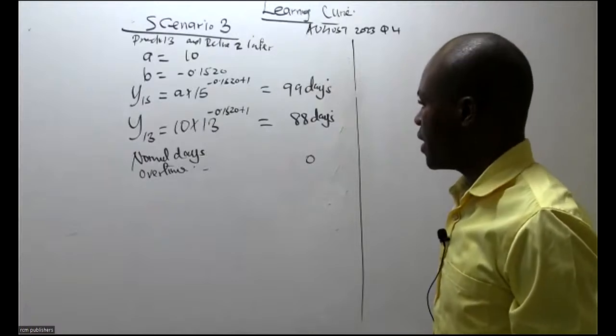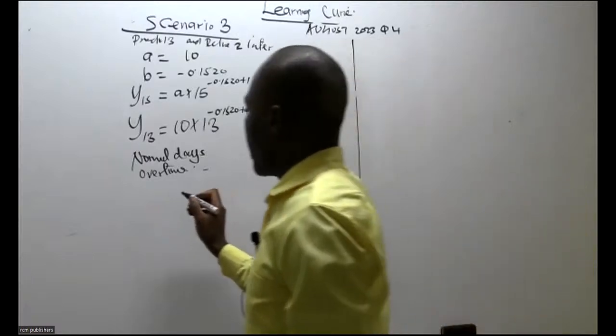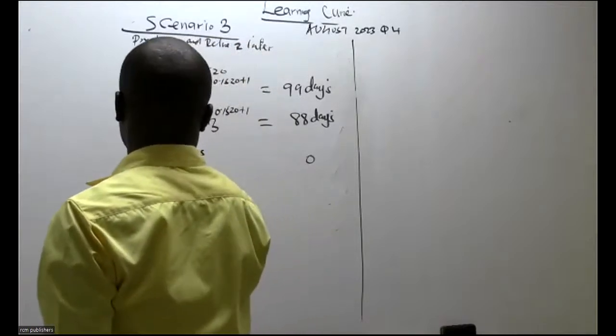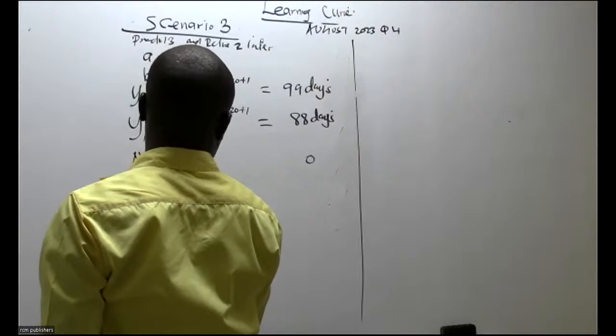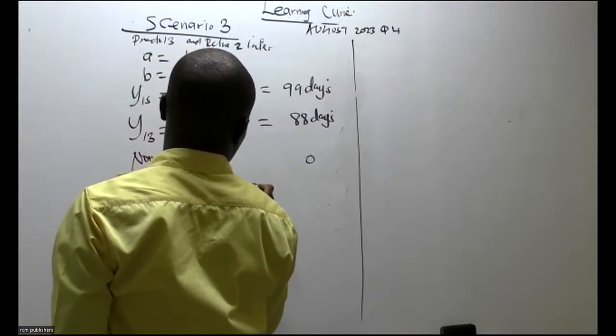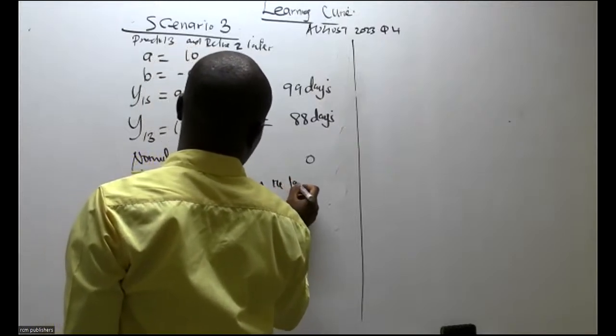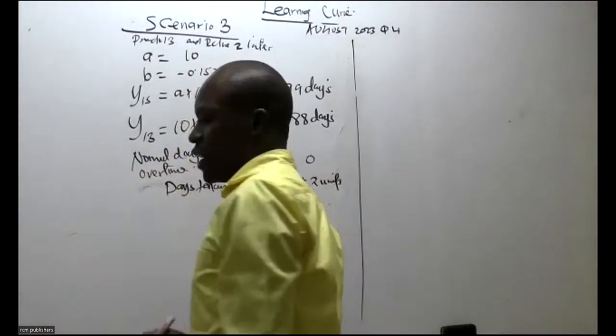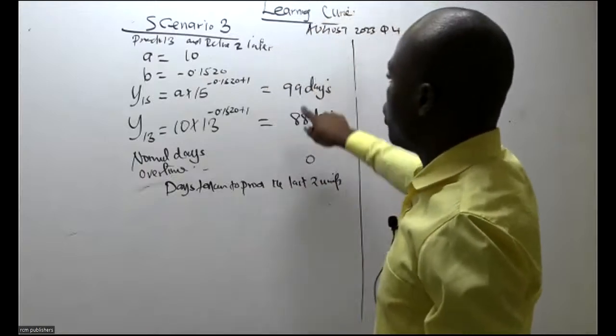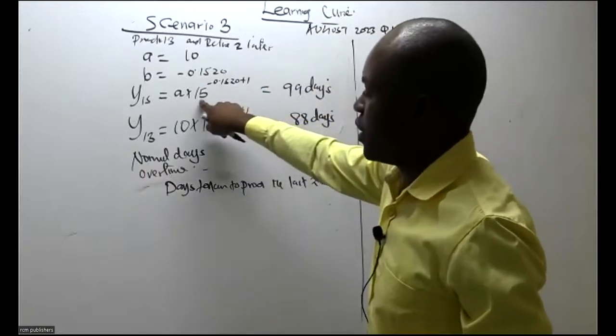Great. Having done that, we want to take the days taken to produce the last 2 units. They took 99 days to produce 15 units.